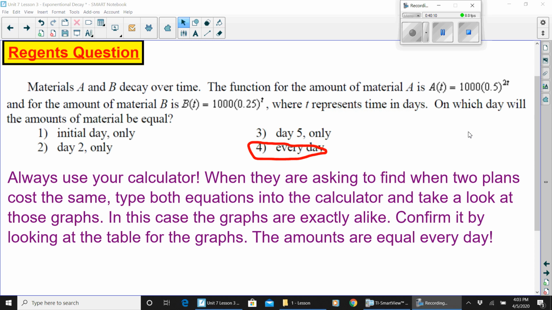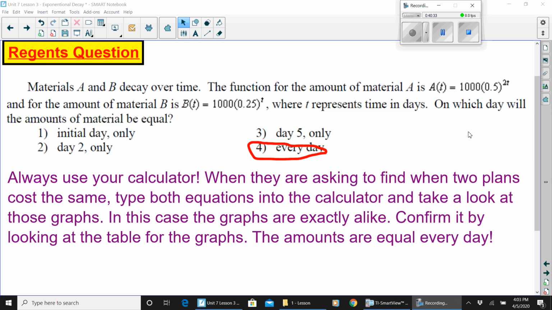In this case, the graphs, like when you graphed them for the first time, you saw the blue graph go and then the red graph go directly over it. It means they're exactly alike, and they are exactly the same. And confirm it by looking at the tables for the graphs.